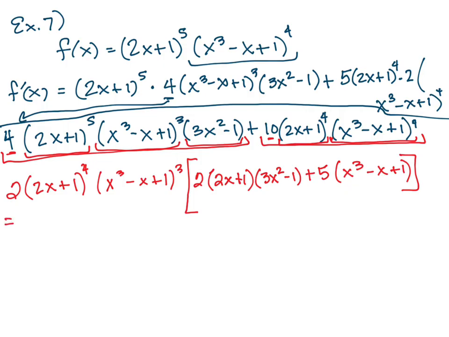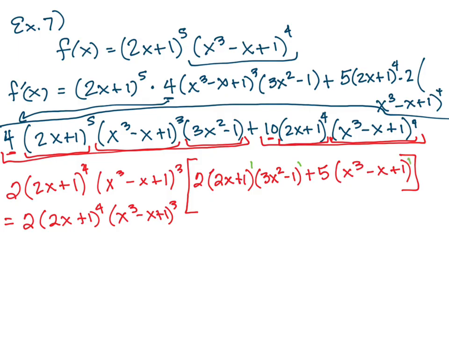So on the front end, they don't want you to expand any of this. They want you to leave it as 2 times 2x plus 1 to the 4th times x cubed minus x plus 1 cubed. But on all of these that have 1 degree, they want you to go ahead and push those things through.